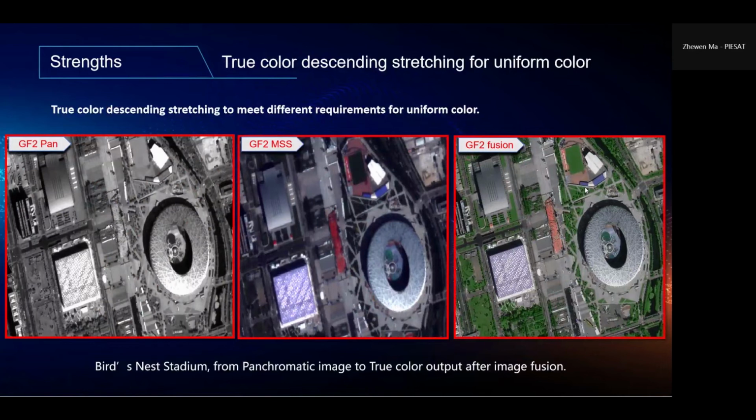You can see that the result on the left is very good looking, very close to what we can observe with our naked eyes, with the vegetation in green, the buildings normally in white, in gray, which means they are in the correct colors.